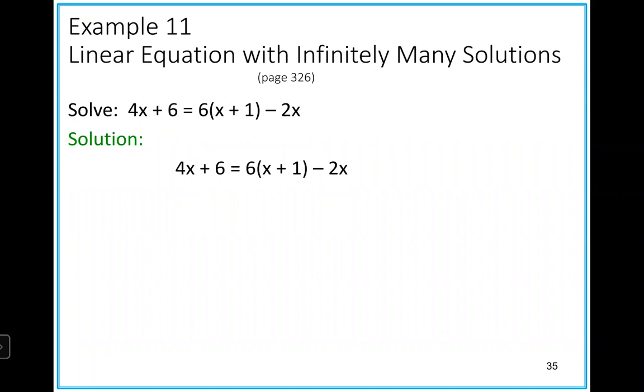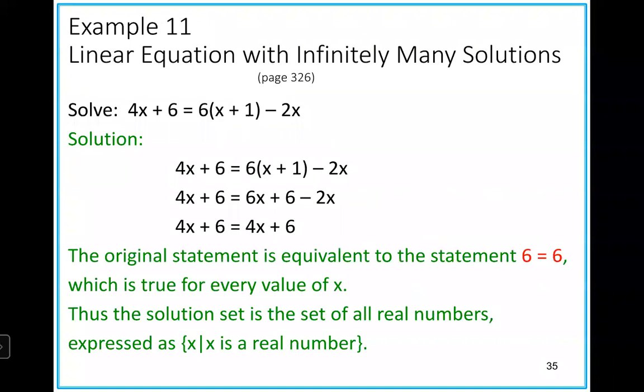So in this other example, you end up here, okay, you get this 4x plus 6 is equal to 6x plus 1 minus 2x. So when you expand it, you get the 4x plus 6 equals 6x plus 6 minus 2x.